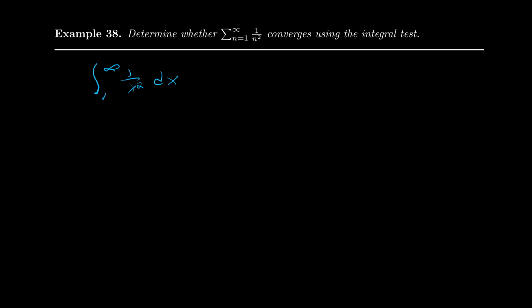So we know that the integral of 1 over x squared is negative 1 over x plus c, because this is the integral from 1 to infinity of x to the negative 2 dx.